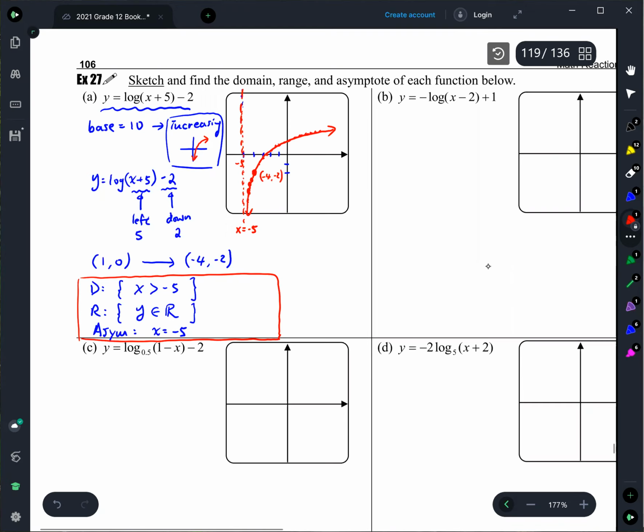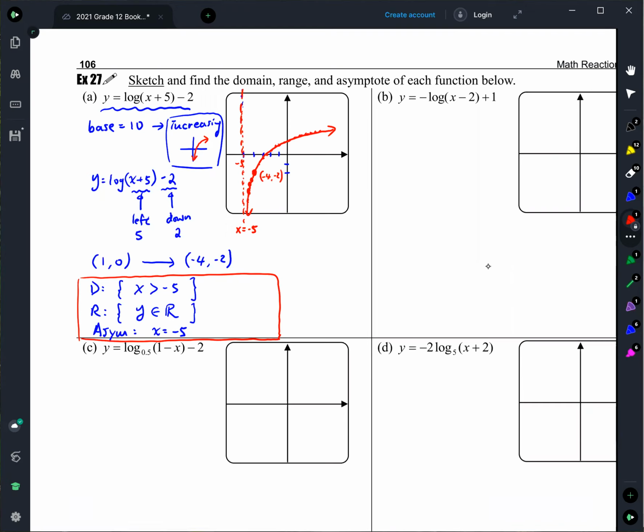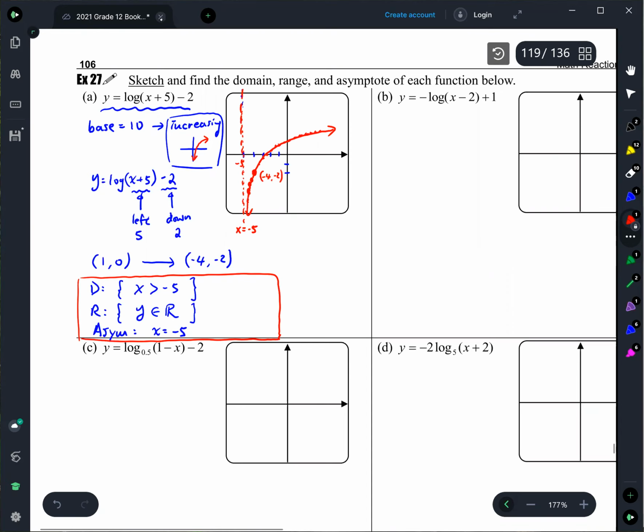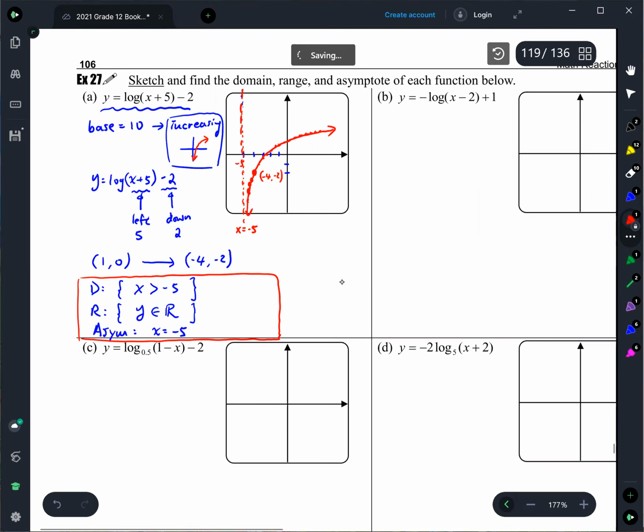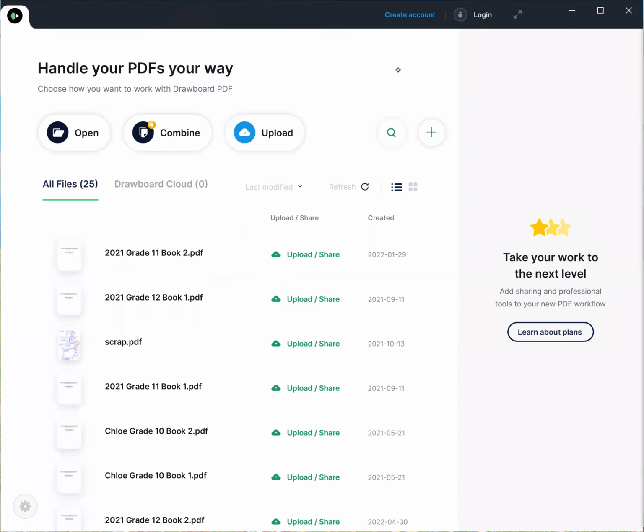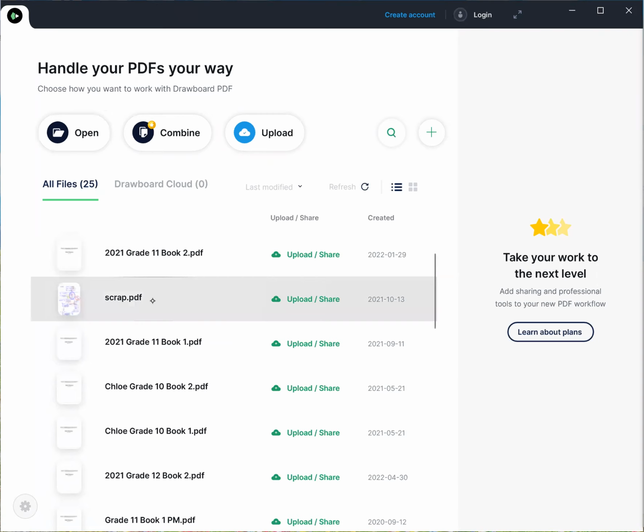Okay, so we are going to start on book 2 now, right? So please take out your book 2. Okay, Jenny, no problem.